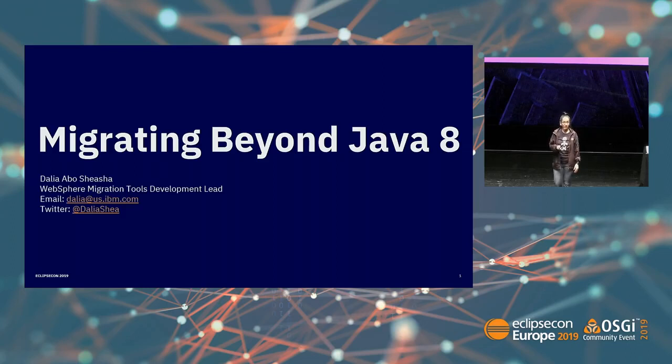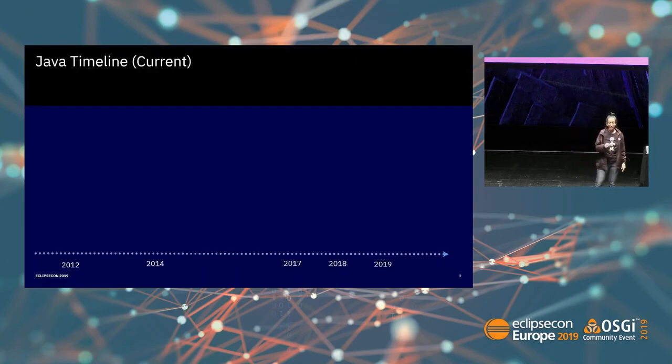All right, awesome. 7 or 6? I know it's hard to admit that, but I do have users on Java 6 and they ask me, can your tool help? And it can. So if you're on Java 6, it's okay. Our tools can help you too. All right, so let's get started.